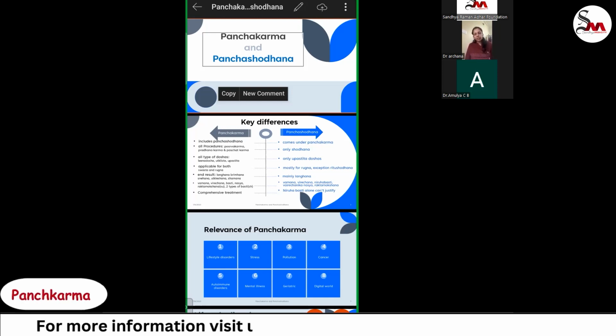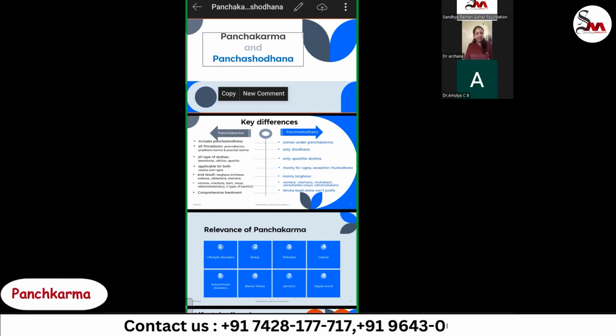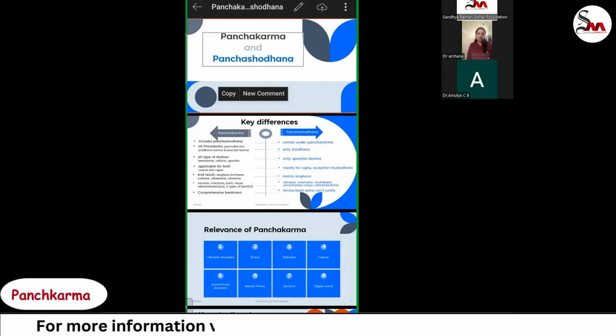Panchakarma is a comprehensive treatment which brings about Langhana, Brahmana, Snehana, etc. Whereas Panchashodhana is mainly Langhana in nature or Apatarpana in nature. And Panchakarma can be done for Lina dosha, Utklishta dosha, and Upasthita dosha, whereas Panchashodhana is clearly mentioned for Upasthita dosha. Okay, so these are the key differences between Panchakarma and Panchashodhana.